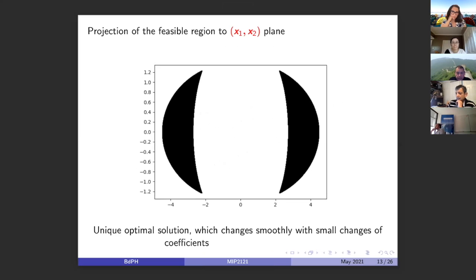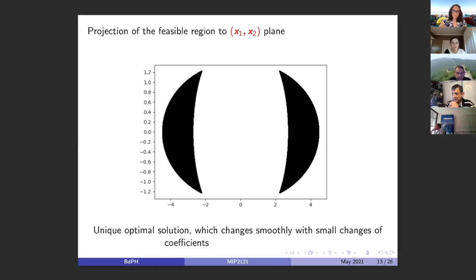All right. Now the optimal solution is unique, and it changes smoothly as we make small changes to the coefficients. The picture changes smoothly. These ears, if you change the coefficients and the inequalities, will be slightly altered in a smooth way.